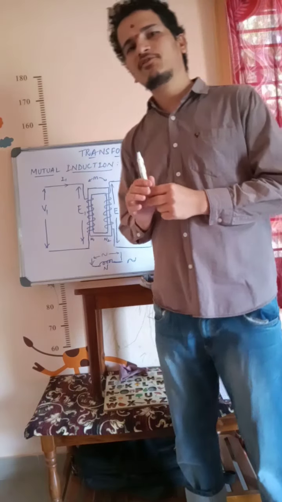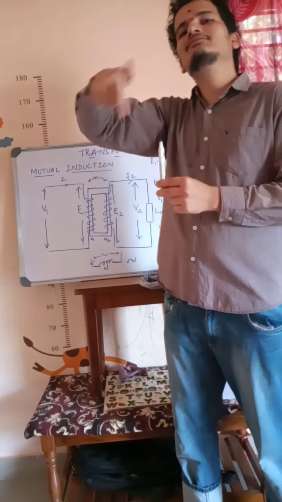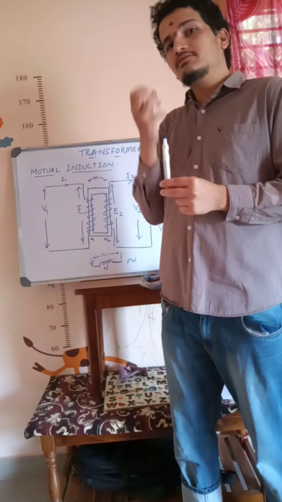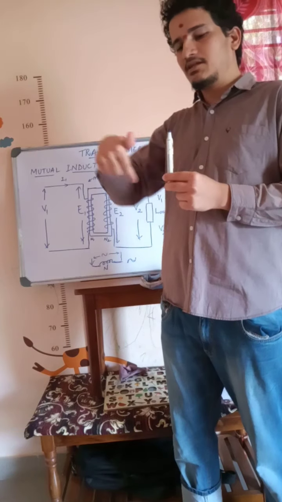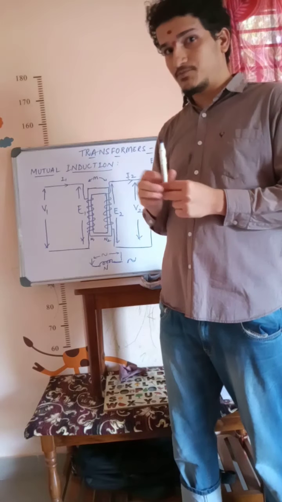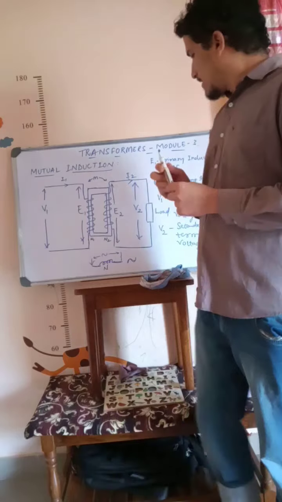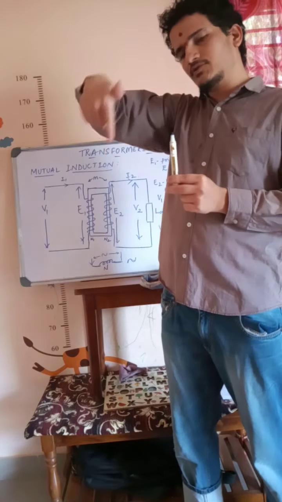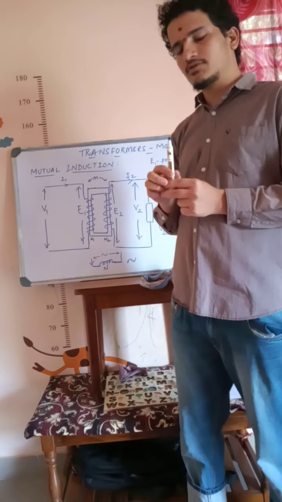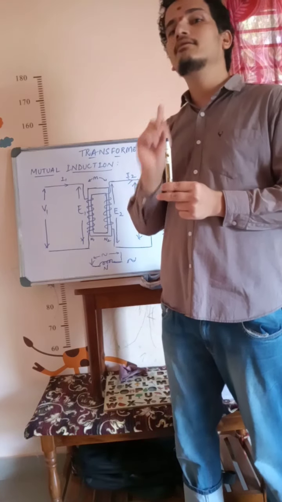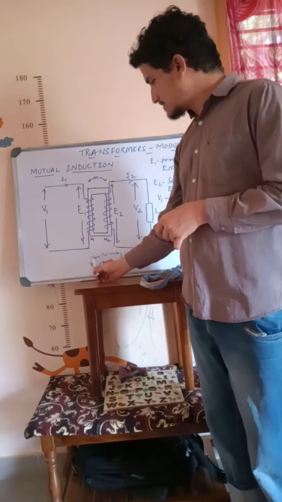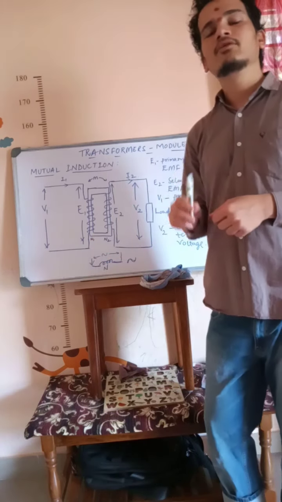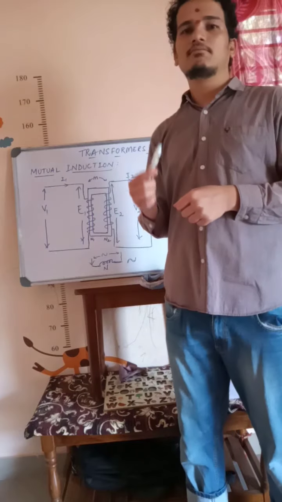What is magnetic flux? It is imaginary lines of force. It cannot be seen by your eyes, but it can be experienced. When you pass an electrical current through this, the magnetic flux is created.